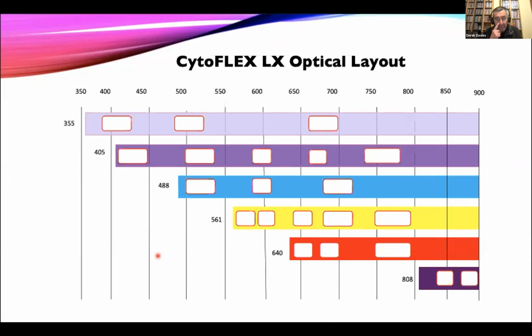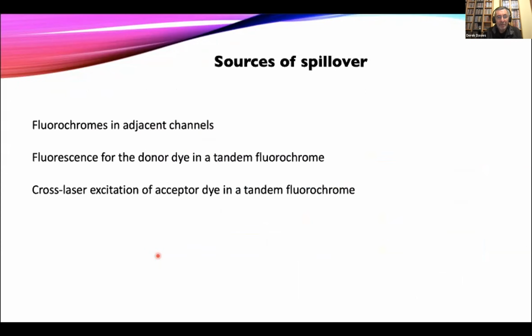Now, spillover is the thing that we're going to assess and account for with compensation. And there are 3 main sources of spillover. That is when we're using fluorochromes that are using adjacent channels that are very close together in the electromagnetic spectrum. The tandem dyes, of course, give us not necessarily problems, but things we need to think about.